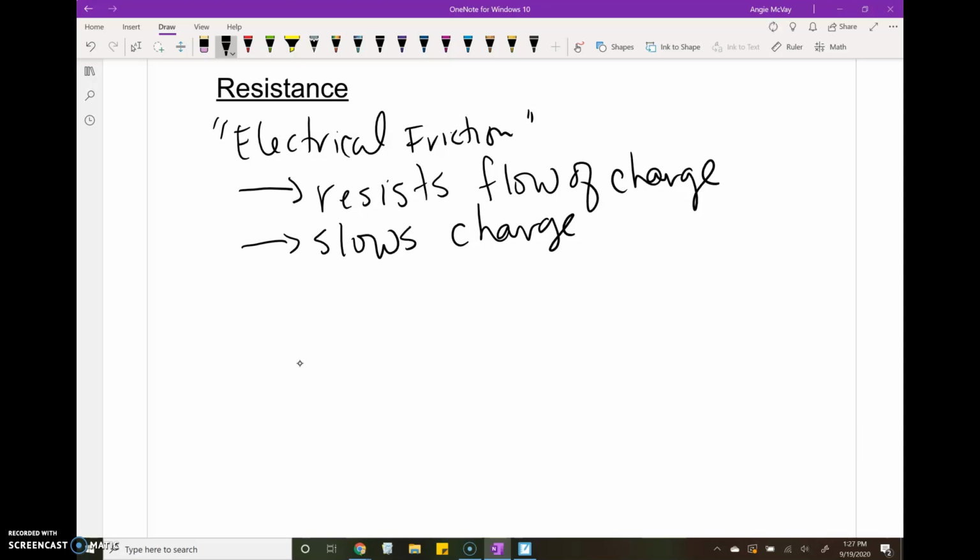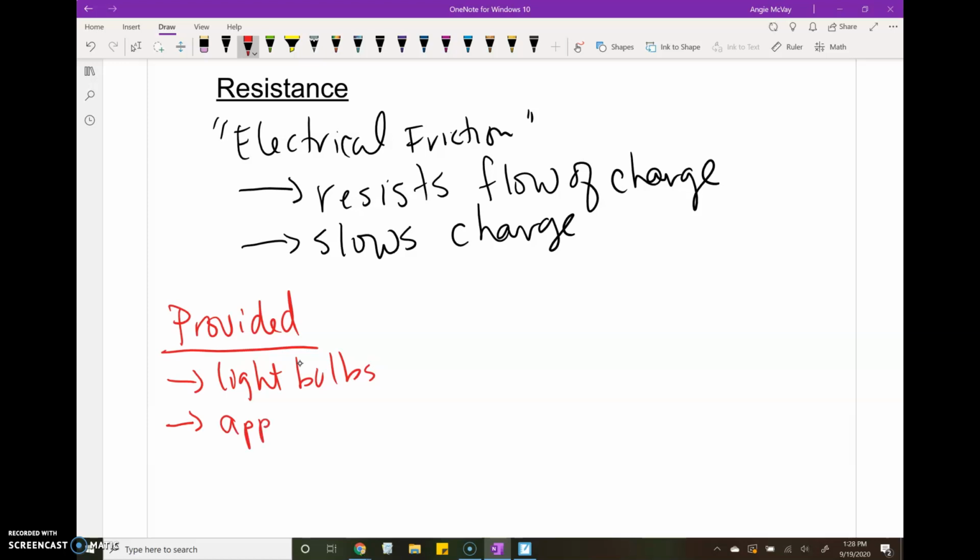Resistance can be provided by devices, right? Like light bulbs. Any appliances, like your cell phone that you plug into a wire, act as a resistor in the circuit.